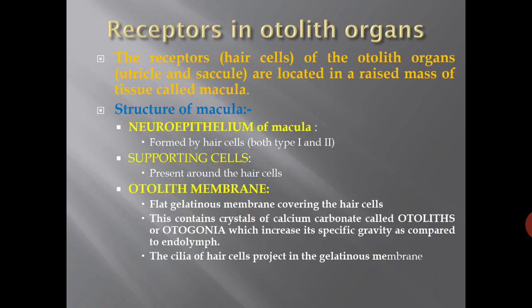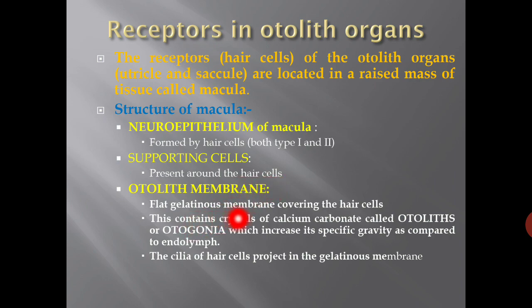Now the receptors present in the otolith organs, utricle and saccule. This tissue is known as the macula. The neuroepithelium of the macula is formed by both type 1 and type 2 hair cells, with supporting cells present around the hair cells.